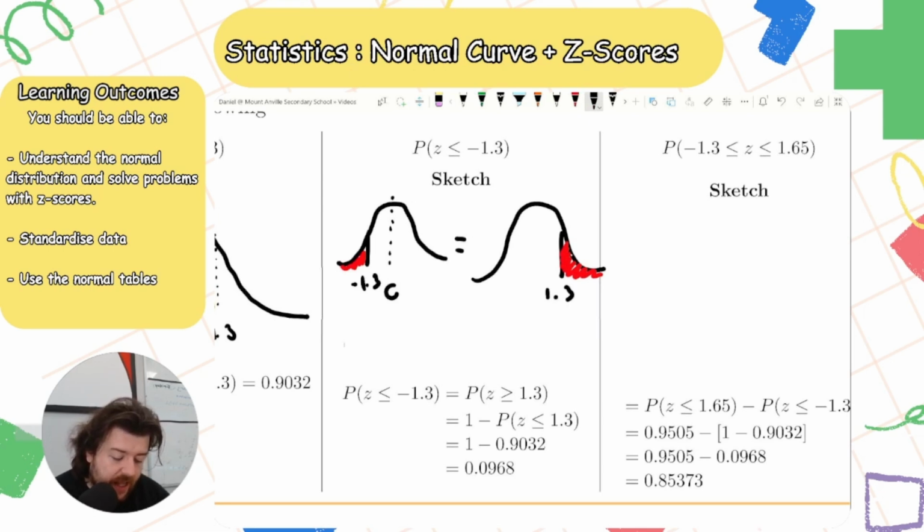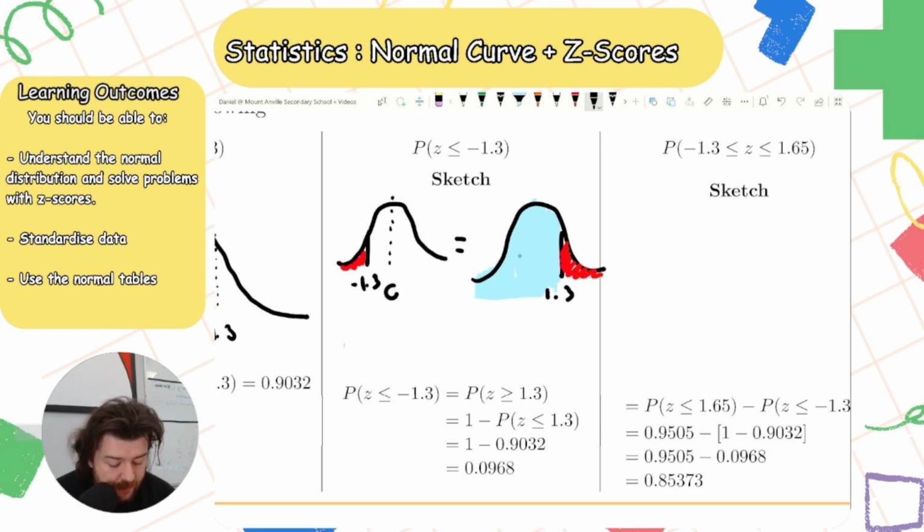How can I calculate this red area here? Well, I know the entire normal curve is equal to 1, and I can calculate this blue area from my log tables. I can calculate the area less than 1.3 and then subtract it from 1. So if I'm looking for a z-score that is less than a negative number, it will just be 1 minus the probability of it being less than the positive.